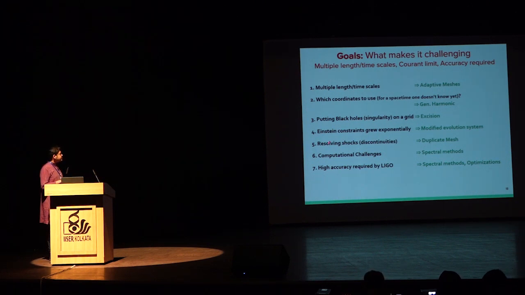Okay? So now resolving shocks. As with any code that uses spectral methods, the spectral grid in itself is unable to resolve shocks. So what do we do? We have two overlapping grids, one which does finite difference in the regions of space-time where there are shocks likely to form or are already forming, and everywhere else we use a spectral grid.